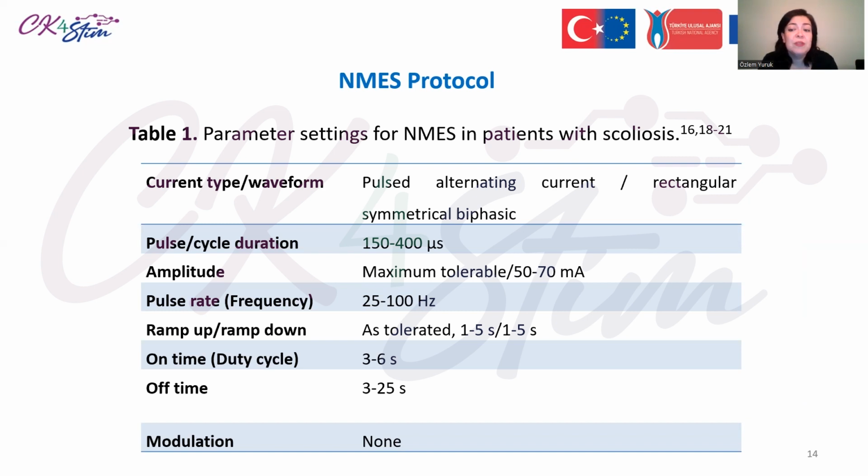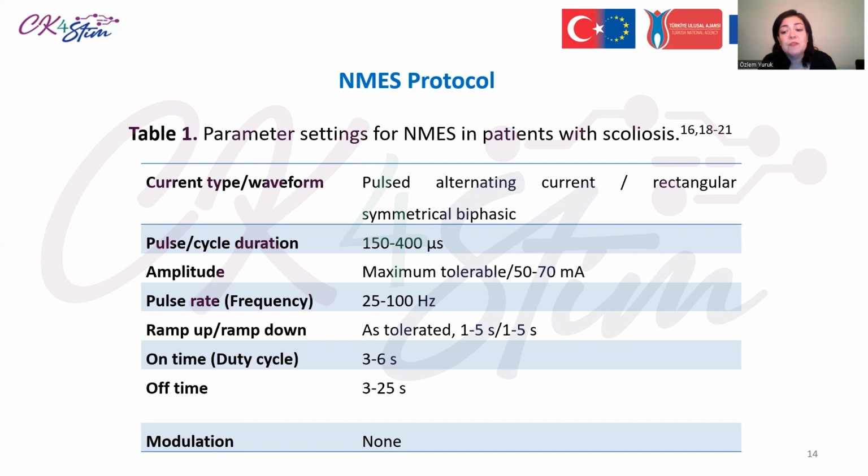Electrical stimulation parameters could be arranged with a dual channel unit that delivers trains of rectangular alternating current pulses with a pulse duration of 150 to 400 microseconds, a frequency of 25 to 100 hertz, and a 3 to 3, 6 to 6, or 5 to 25 on-off period.